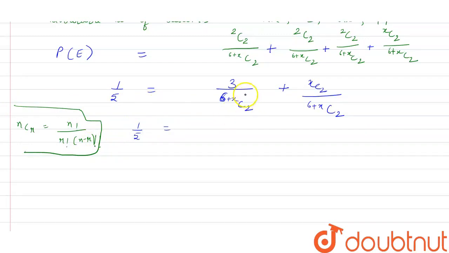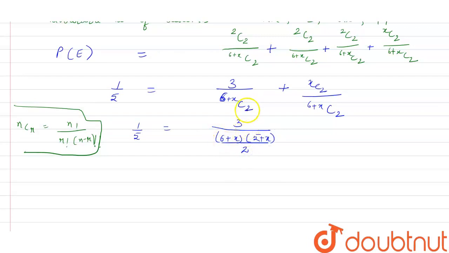After solving this, we'll be getting 3 upon 6 plus X into 5 plus X upon 2.